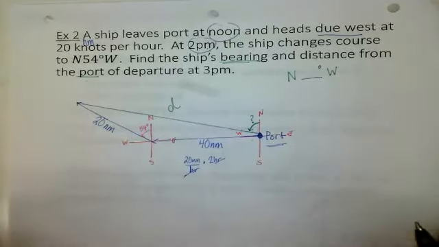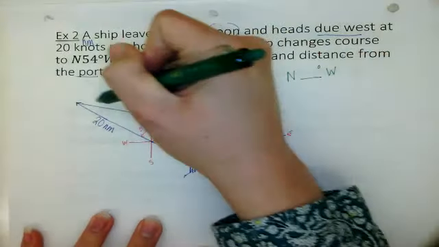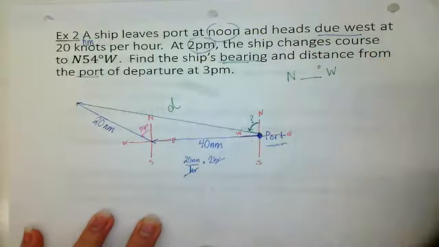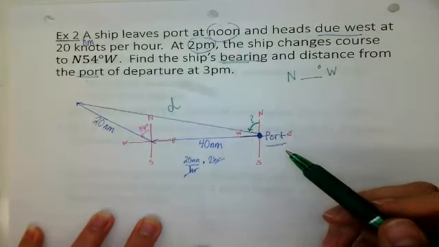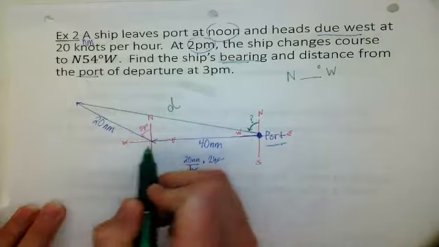When you do these, we really, really need to look for parallel lines and giant right triangles. And to find this large distance, I need another really large right triangle. So what I'm going to do is I have this nice horizontal line here.